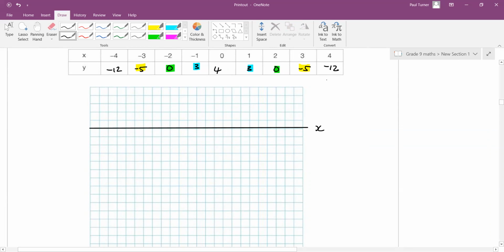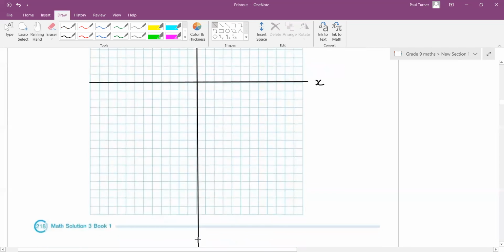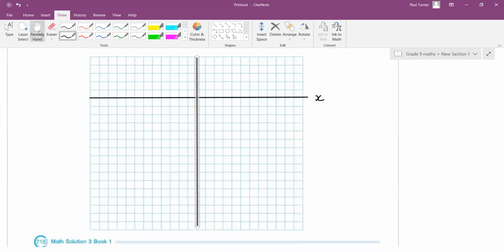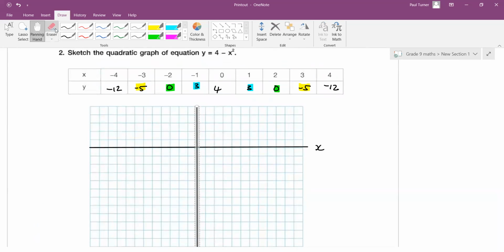And the y-axis, it needs to go down to minus 12. So we'll go in the middle and then we'll go down to the bottom from there. So let's call that y.